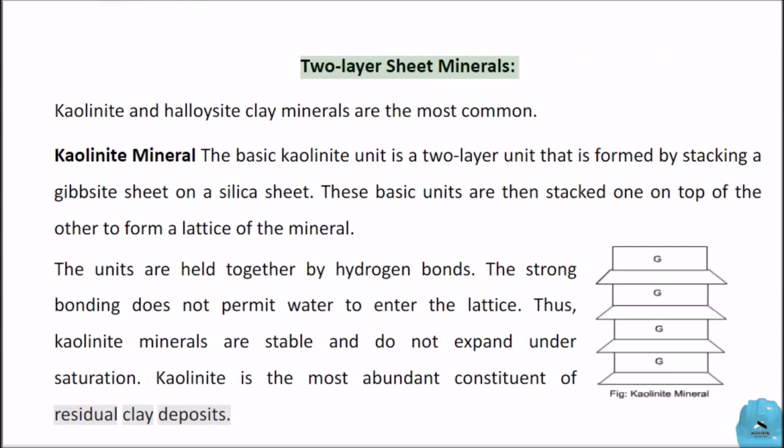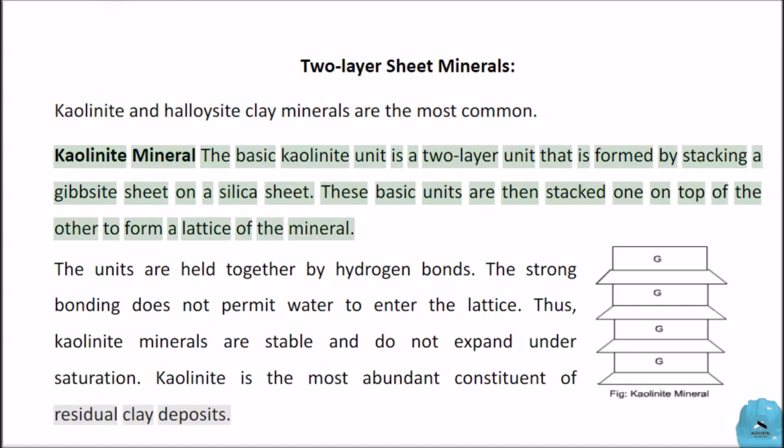Two-layer sheet minerals. Kaolinite and halloysite clay minerals are the most common. Kaolinite mineral. The basic kaolinite unit is a two-layer unit that is formed by stacking a gibbsite sheet on a silica sheet.